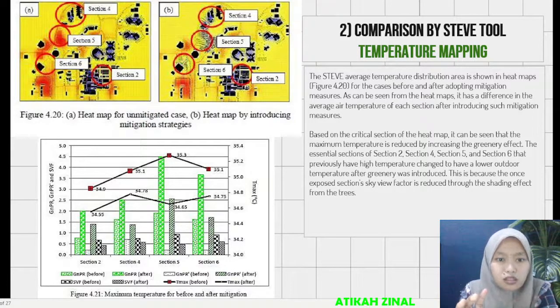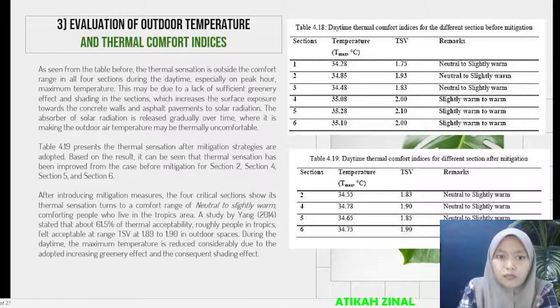has been introduced. Okay, as we see in figure 4.21, the maximum temperature drops to 34.65 from 35.3. This is because the exposed section is reduced through the shading effect, which reduces the air temperature.